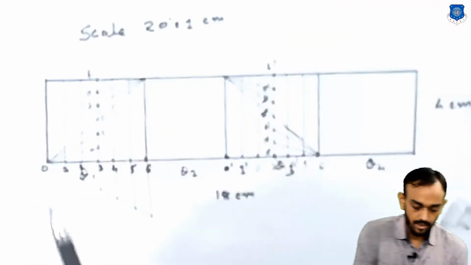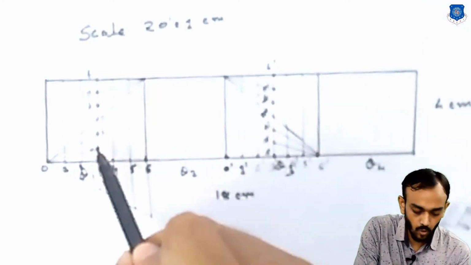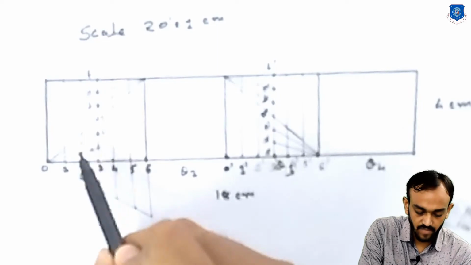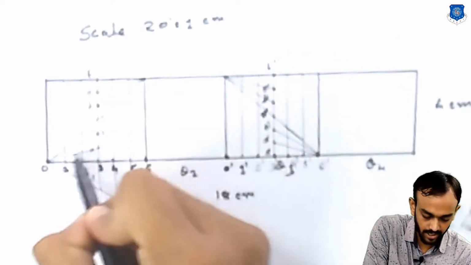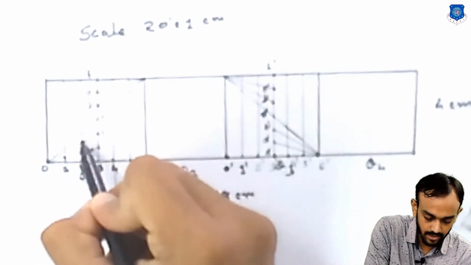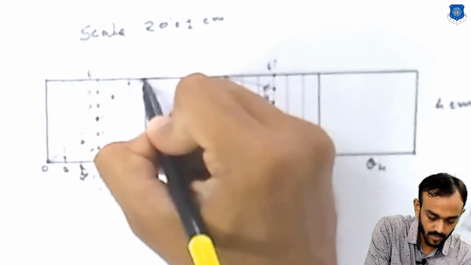Now we have to locate the intersection of this inclined line and vertical line. So check this, our first point will be here, second you can see the inclined line, and this will be our second point. Inclined line and vertical, this is the point, third point, like this.